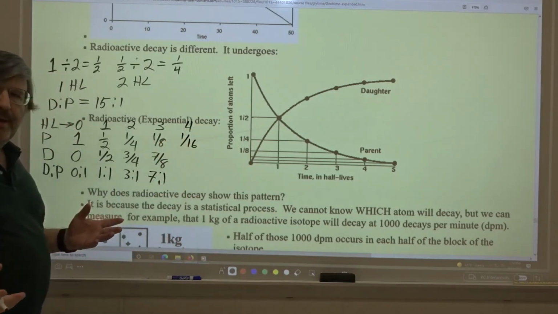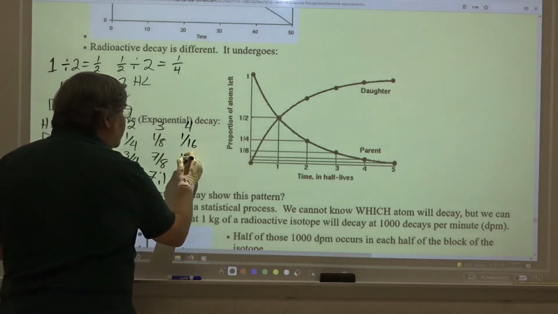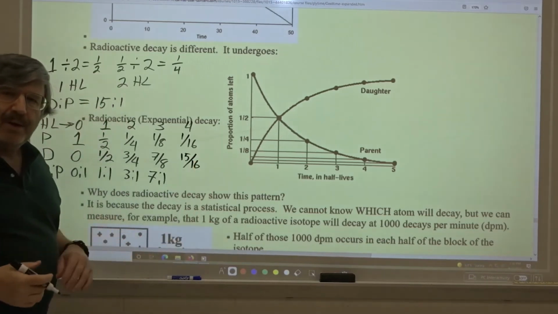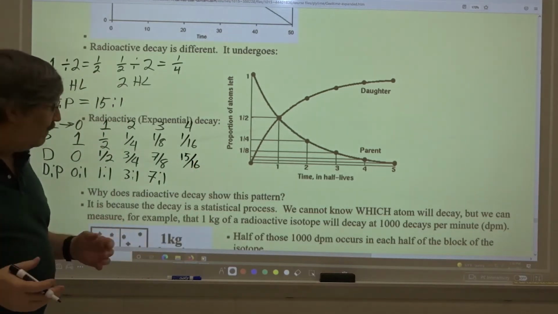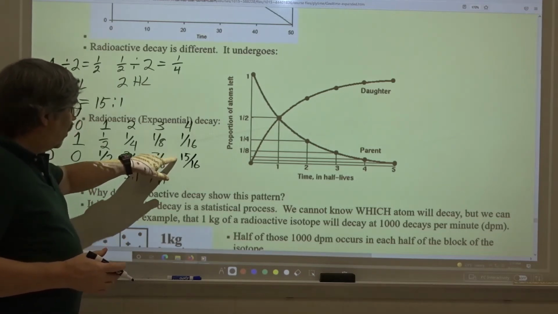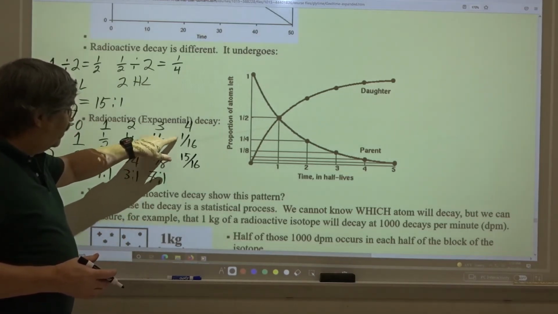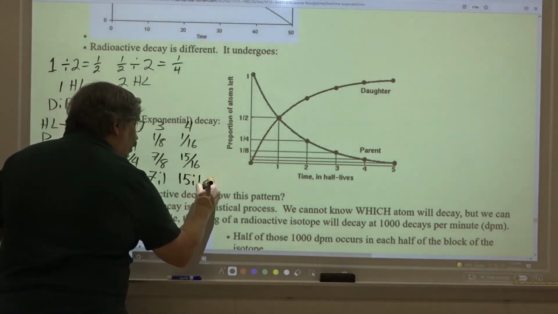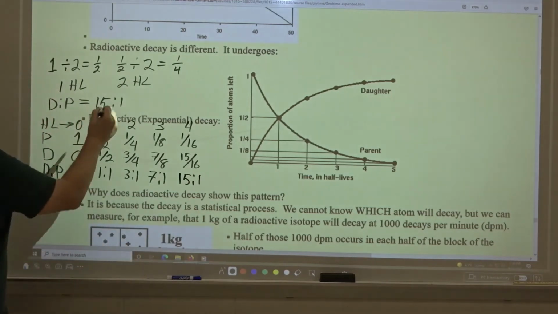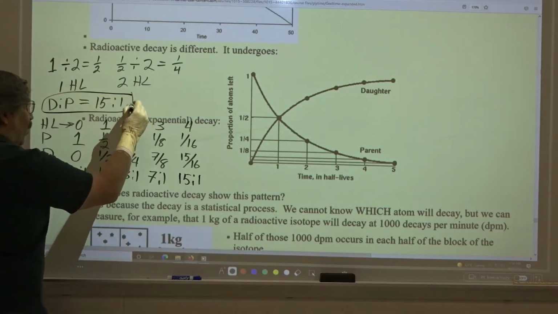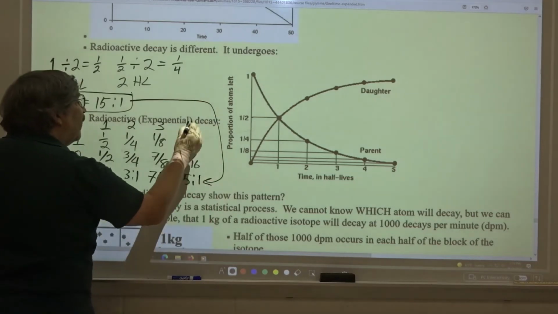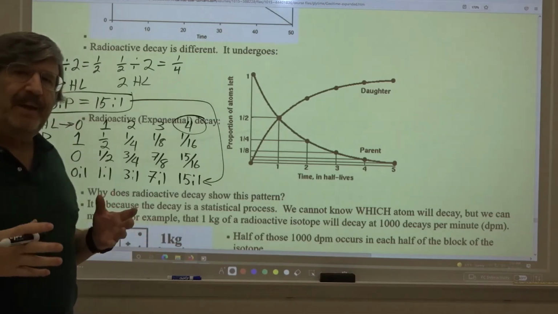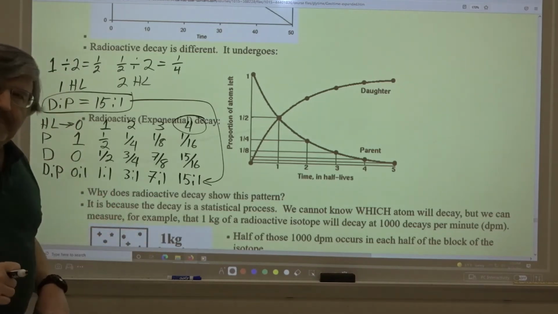All the rest is turned into the daughter, and so 15/16 of our original parent has now turned into the daughter through radioactive decay. And so our ratio of daughter to parent is 15/16 to 1/16, which is the same as 15 to 1. And this tells us, because that's what we've measured, that we've had 4 half-lives elapse since the beginning of our time period.